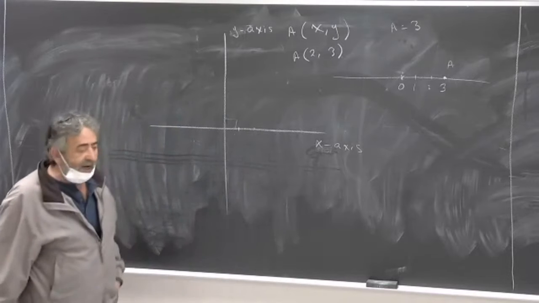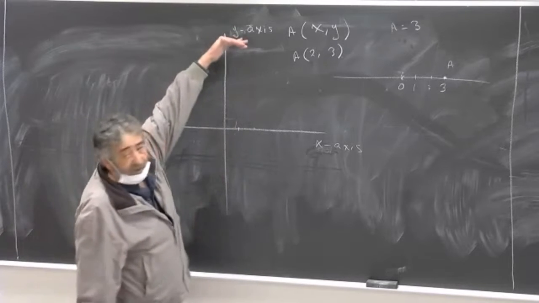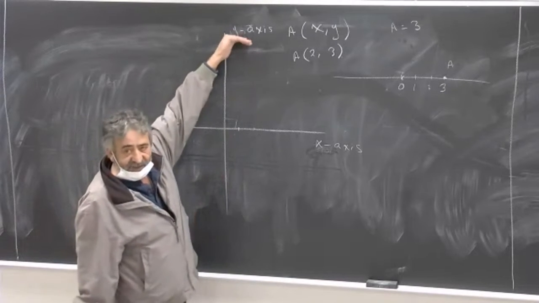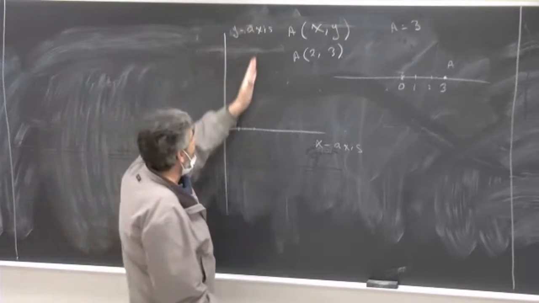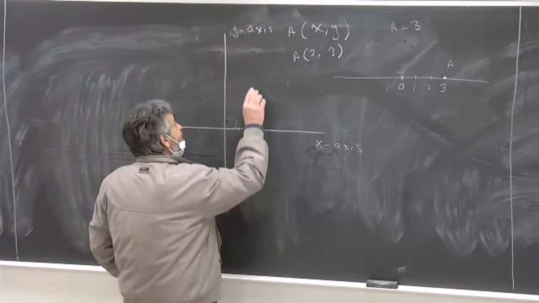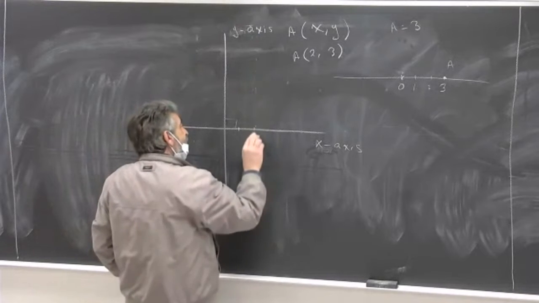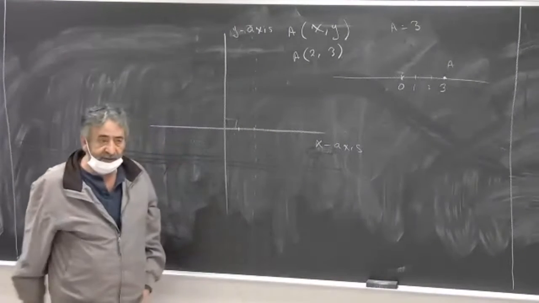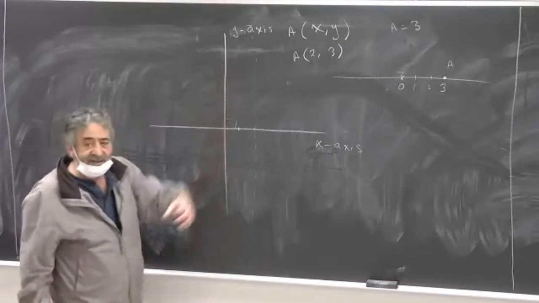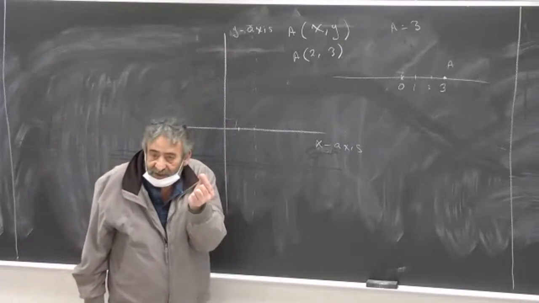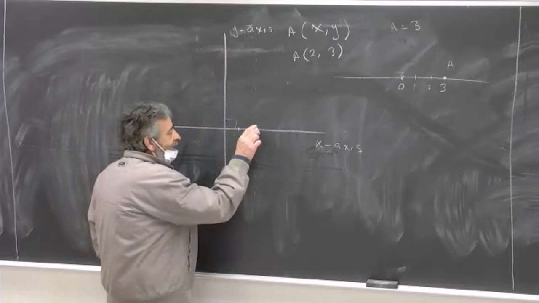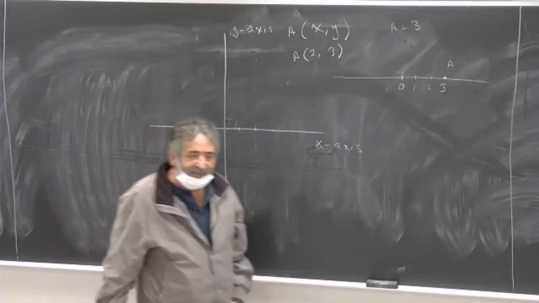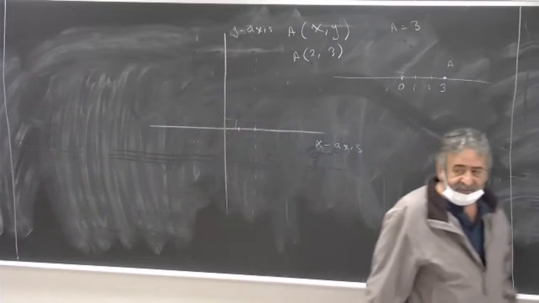If I were on top of this and looking down, wherever A is, it's going to be along this line. But because you're looking along this line, you're only going to see a point, and that point is going to look like it is at x equals 2. Does that make sense? All right.